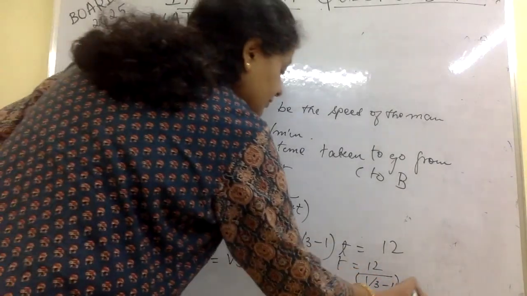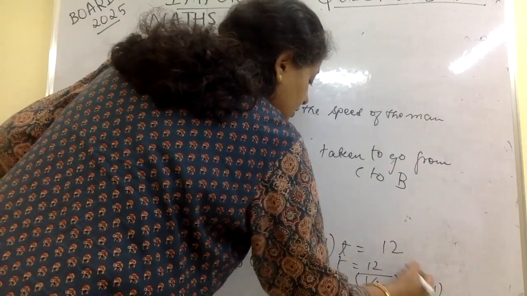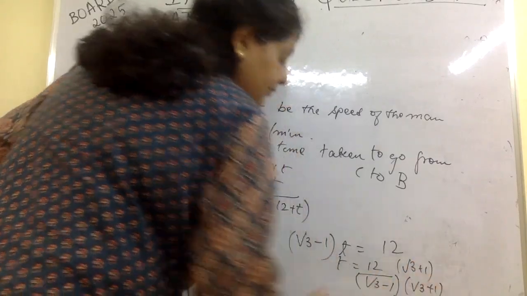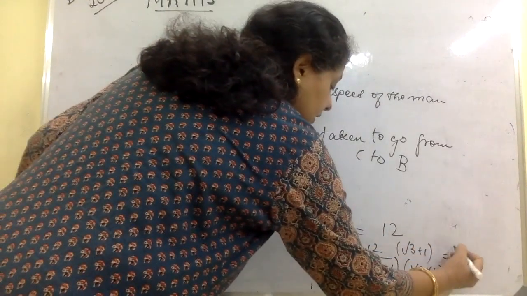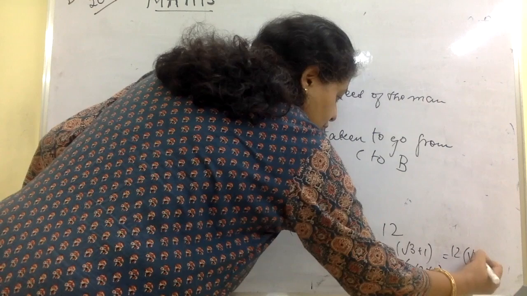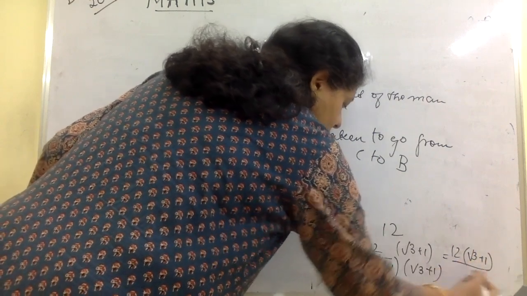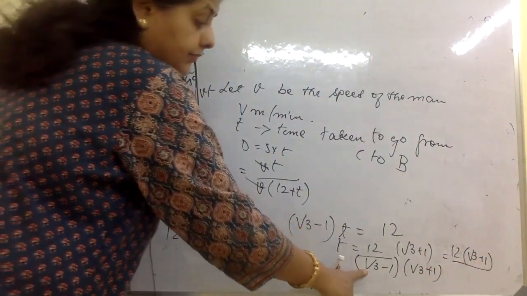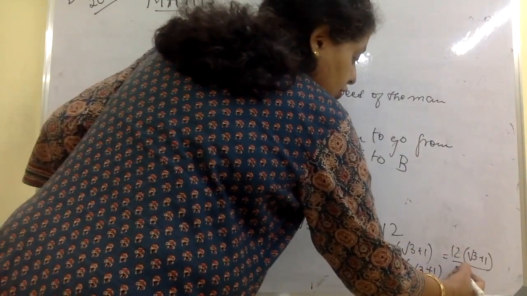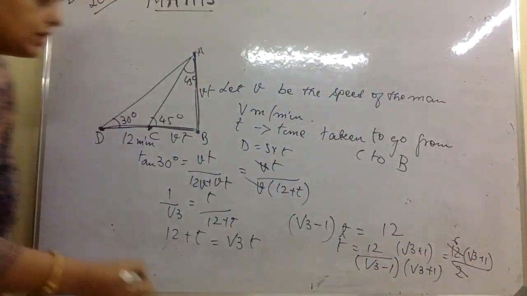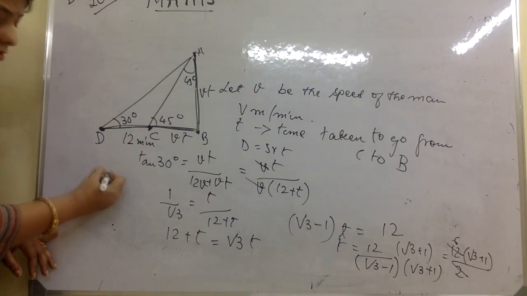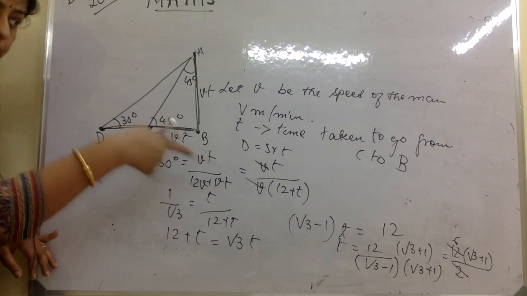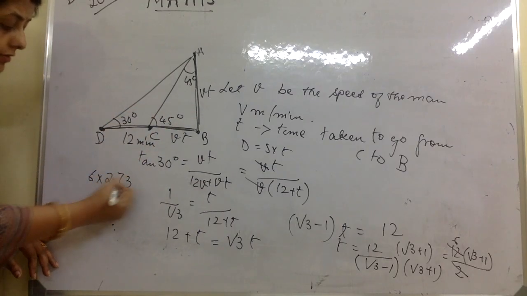Okay, now multiply by root 3 plus 1 over root 3 plus 1. So if I calculate this, how much do I get? Here I get 12 into root 3 plus 1 by 3 minus 1, that is 2, so 6. It actually comes to 6 into 1.732 plus 1, 2.732.